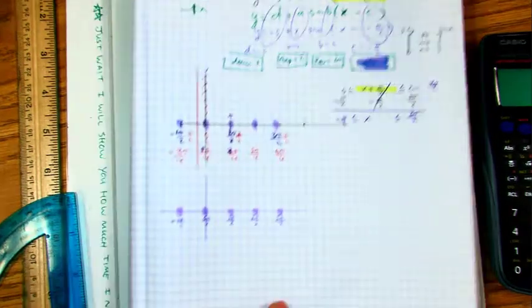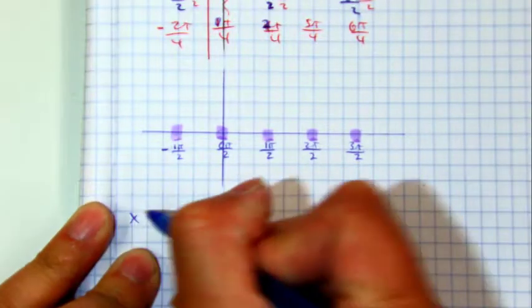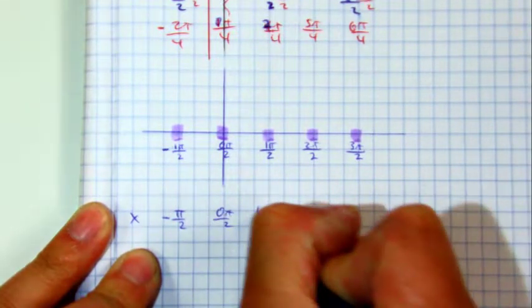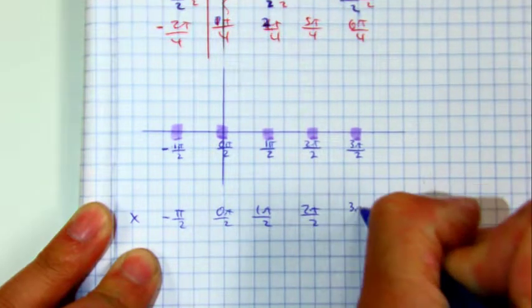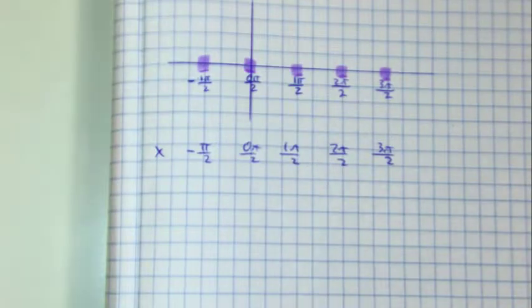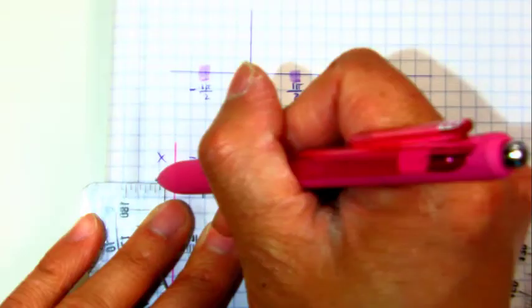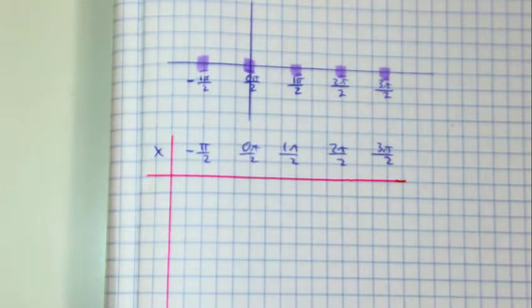Okay. These are our x values. In class, what are we going to do first? What do you do with the x value?